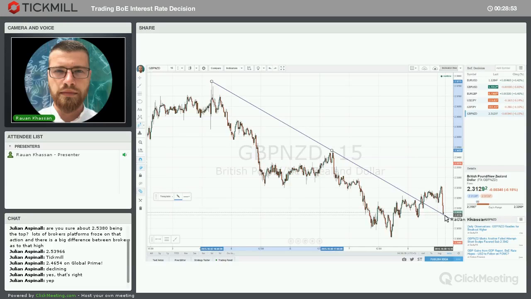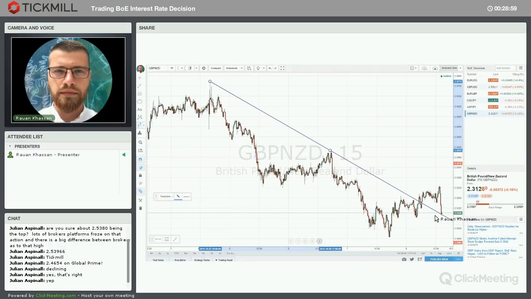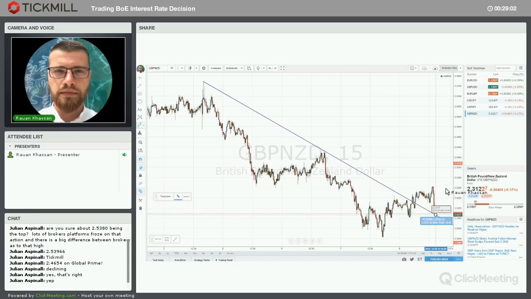So the price tests the current dynamic support and goes above to the level of 2.3330 or 2.3370. That is one option.